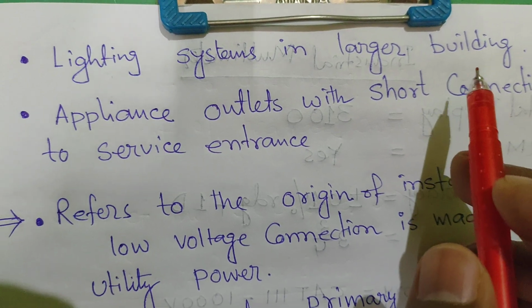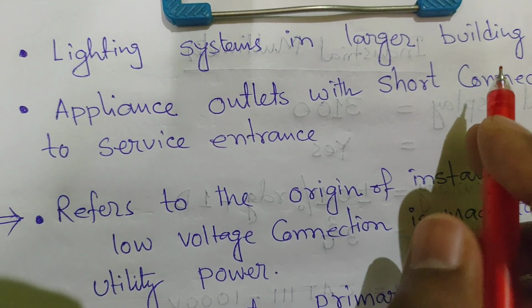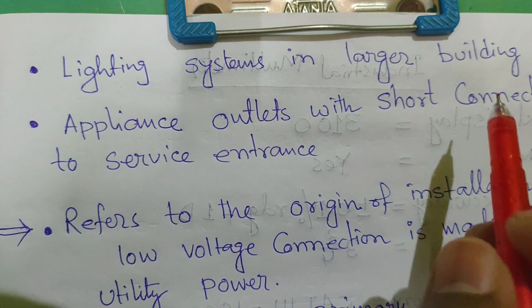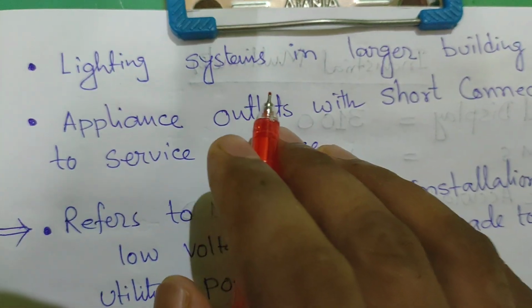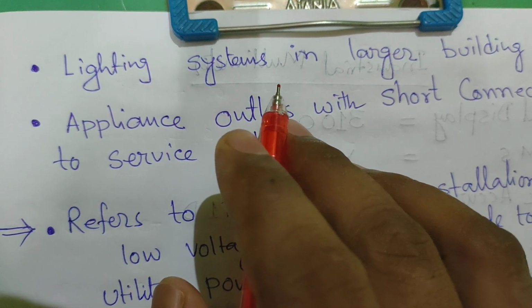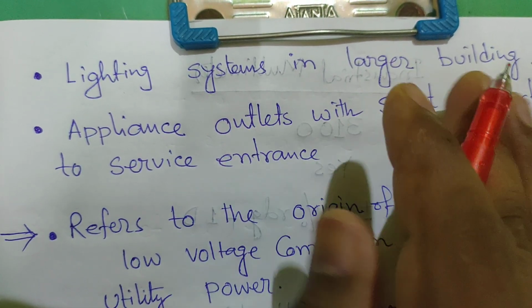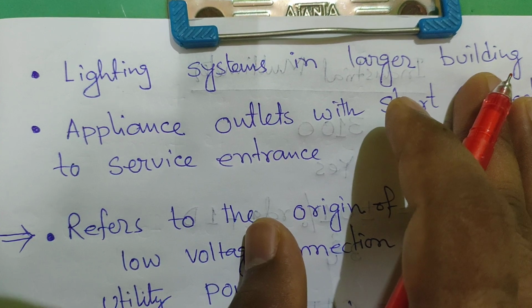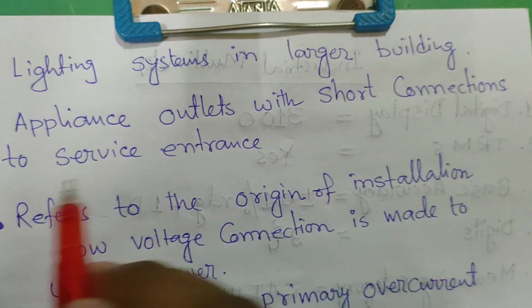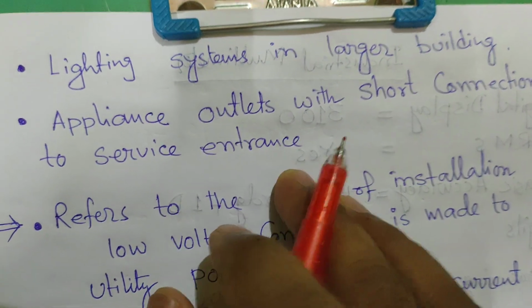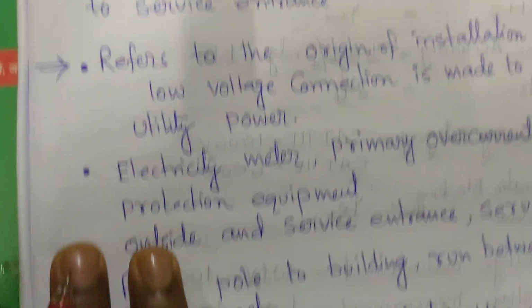Nowadays different types of larger buildings and flats are constructed, so this category of multimeter can be used for measurement in these types of buildings. Also appliance outlets with short connections to the service entrance. This category is used for that.